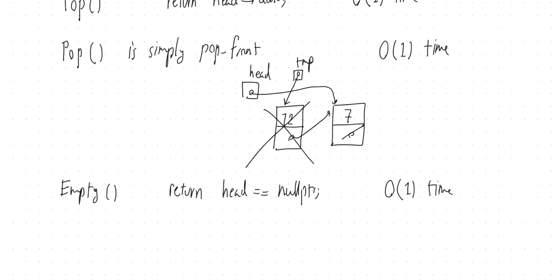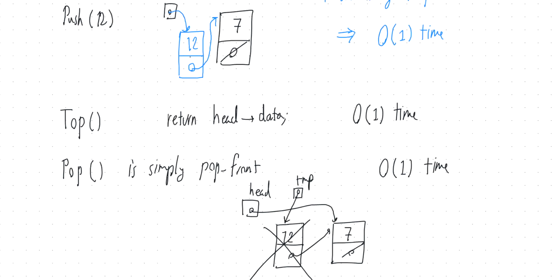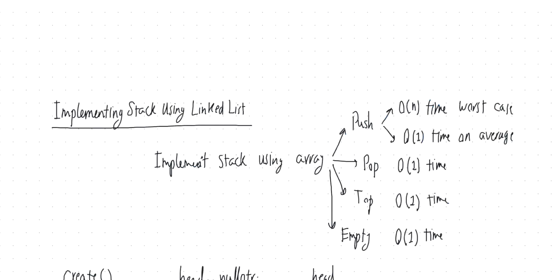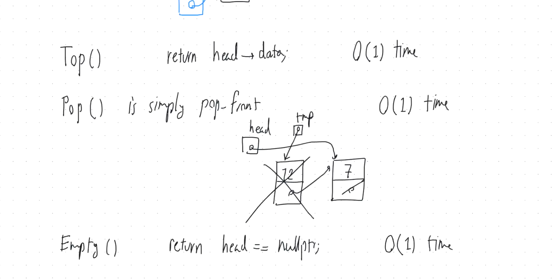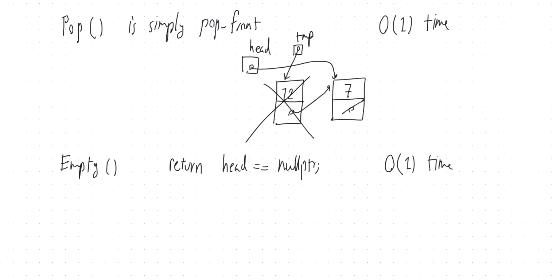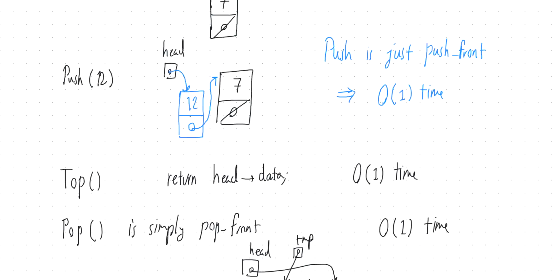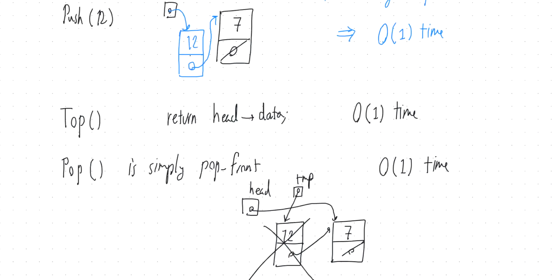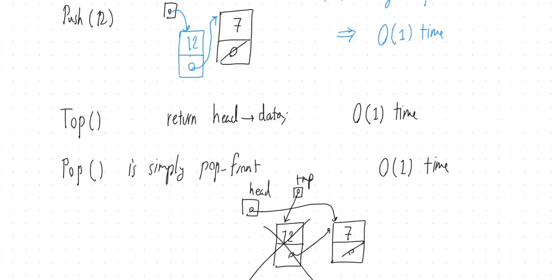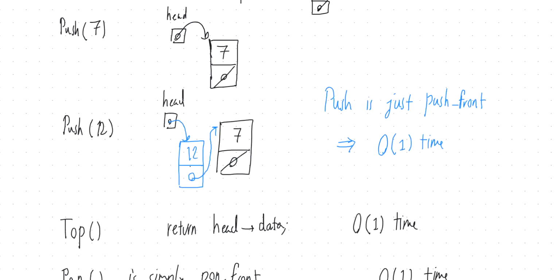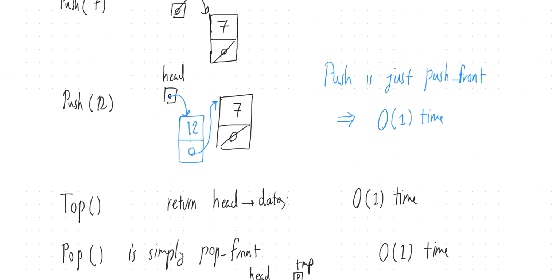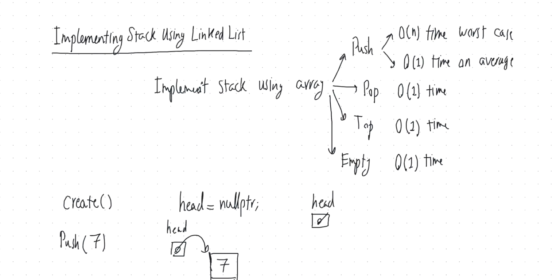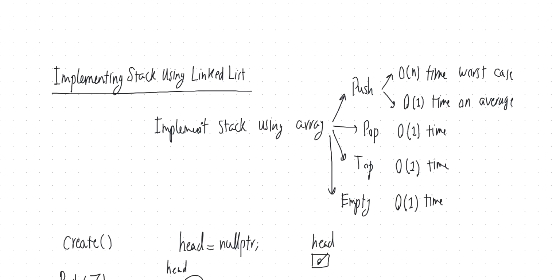So everything is constant time, and there is no worst case linear time like what we had with an array. So no matter what, you can always push, pop, top and check whether or not your stack is empty in constant time, independent from how many elements you currently have in the stack. Okay, now it may seem like this is absolutely better than the previous implementation, and to some extent that's true because everything is constant time, so we don't have that case where once in a while your push is going to be very slow.